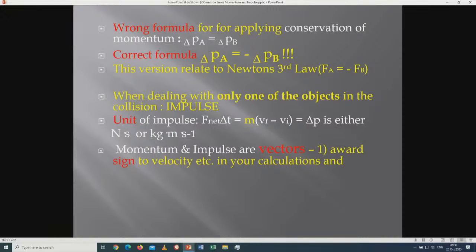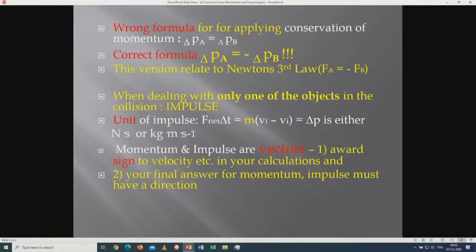You must choose a direction, for example, to the right as positive, and then you must award signs to the different values according to that chosen direction. If therefore one object has a velocity to the left, then that velocity must have a negative value.